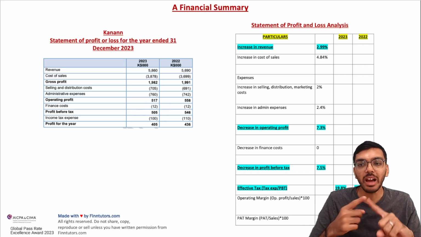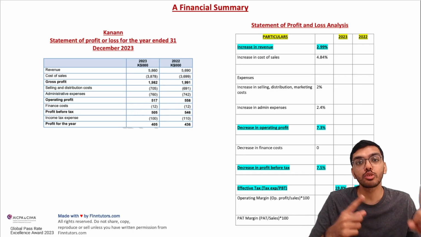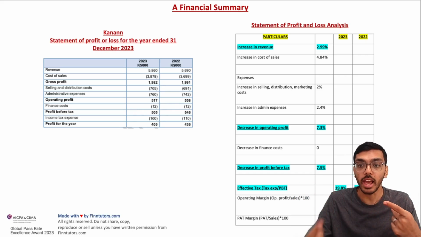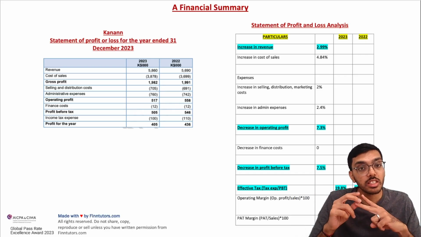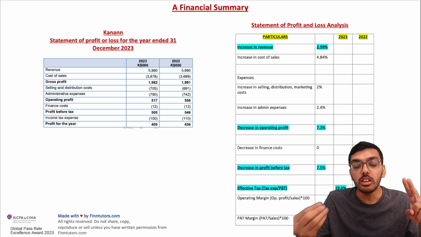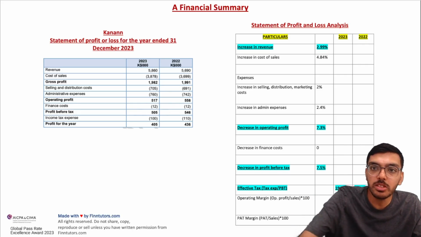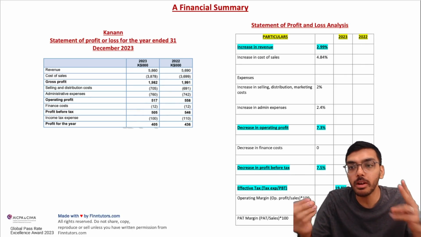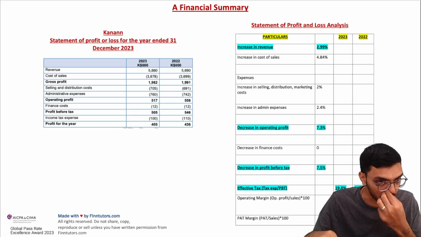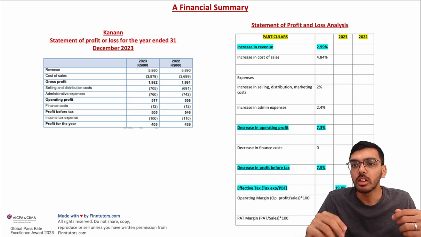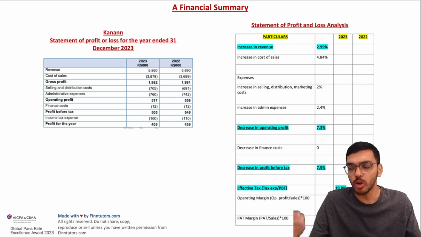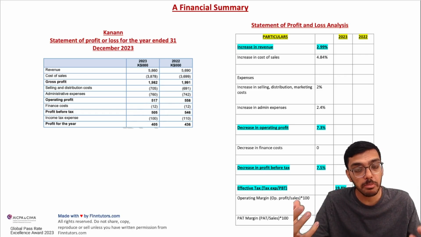See, the first reason why we do the financial analysis is to understand the financial health of my company. The second reason is we can make use of these percentages, of these numbers when we go to mock question writing. For example, you can start your answer or end your answer by saying that our revenue has gone up by 3%, which is not a very big increase.